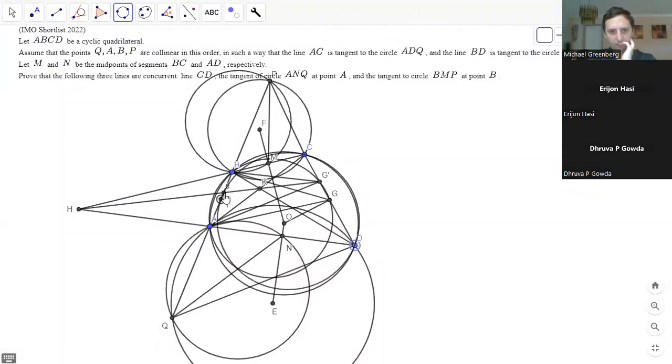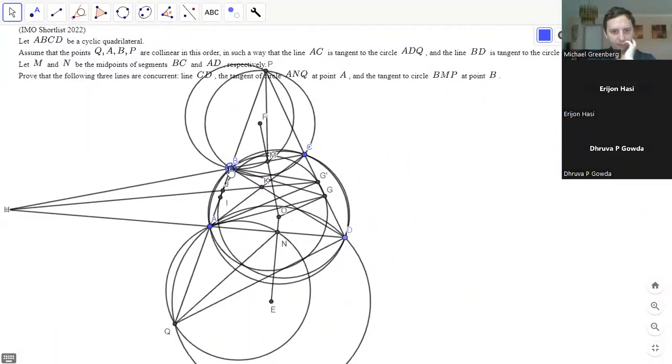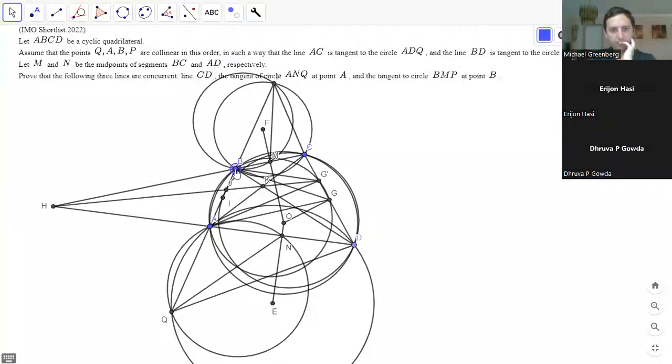The reason I think that might be helpful is that then the tangents at C and D should concur on this, and so G prime would be a semedian, and so JG would be a median. But yeah, that might make it more complicated. Actually, I'm not certain that would make it harder.